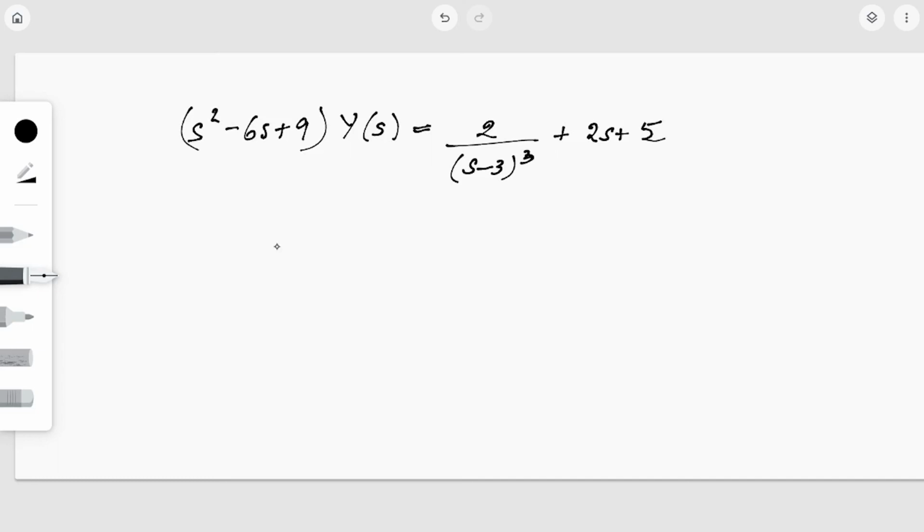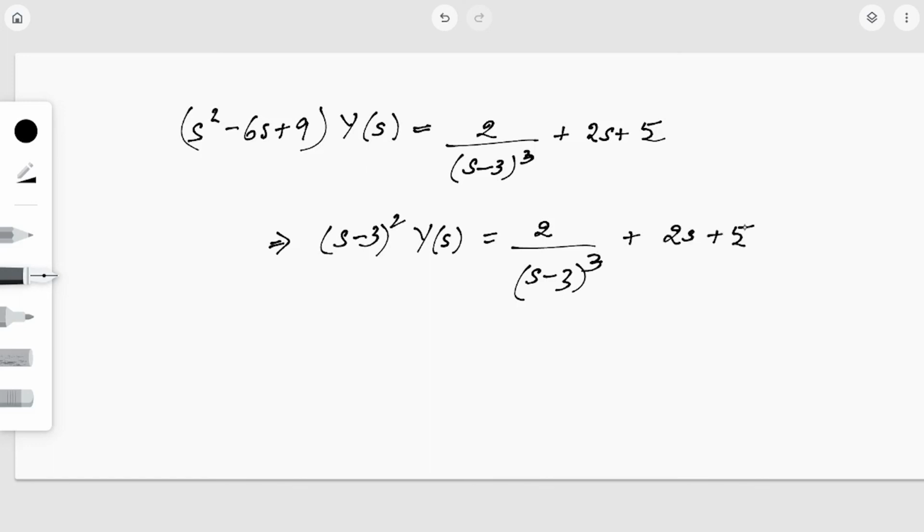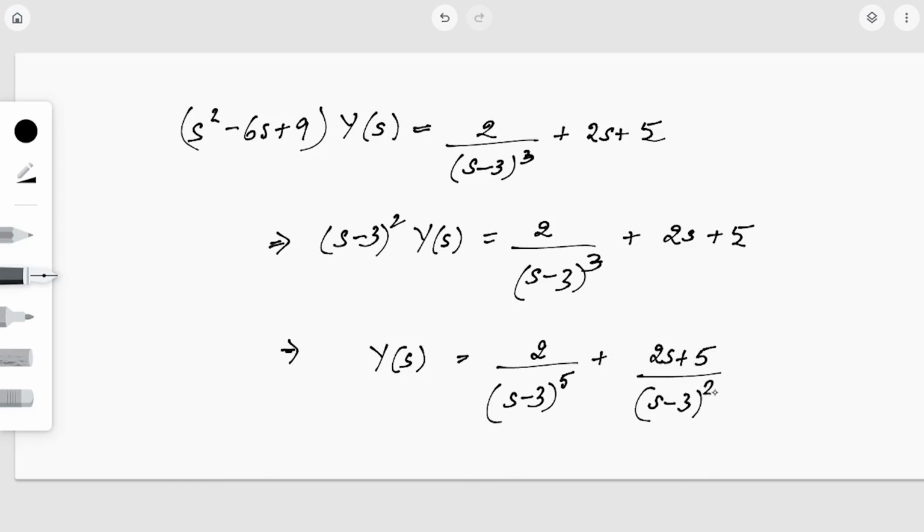Okay, so this is nothing but s minus 3 whole square into Y of s is equal to 2 by s minus 3 whole raised to 3 plus 2s plus 5. So this implies Y of s is equal to 2 by s minus 3 whole raised to 5 plus 2s plus 5 by s minus 3 whole square.